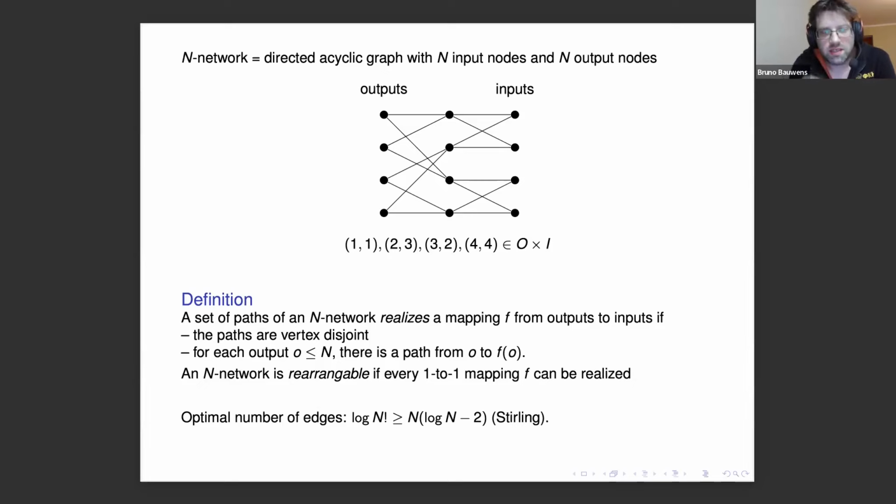So at the top, you see a rearrangeable N network. You can check for yourself that every permutation can be implemented. But wait a bit. Here the number of inputs coincides with the number of outputs, right? Yeah.